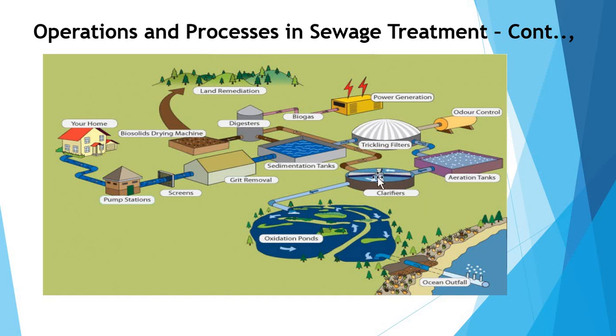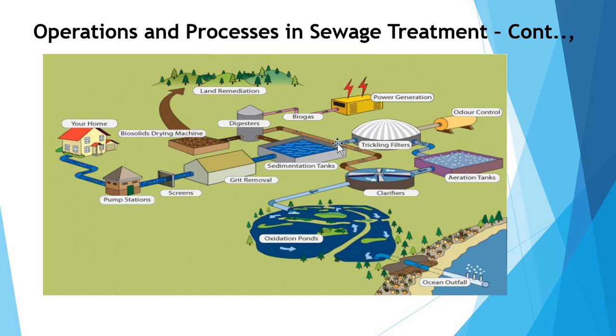After the clarifiers, the water may be let out into the oxidation ponds, or it can be directly let out to the ocean outfall or a river outfall or any environment.